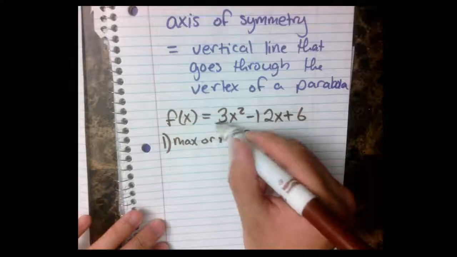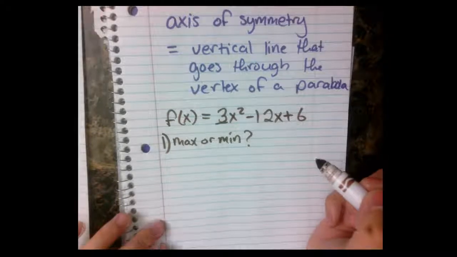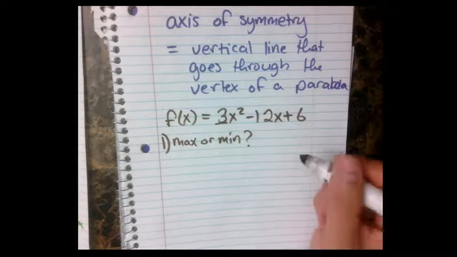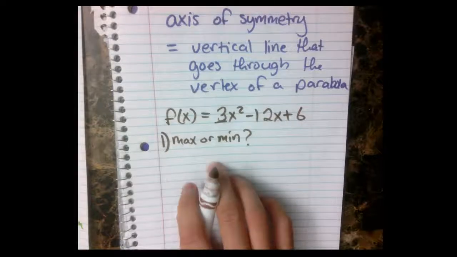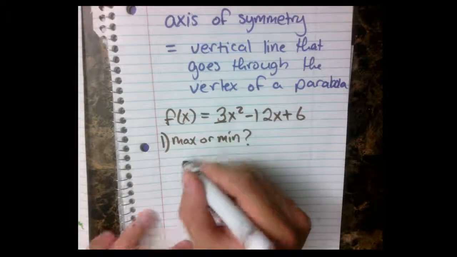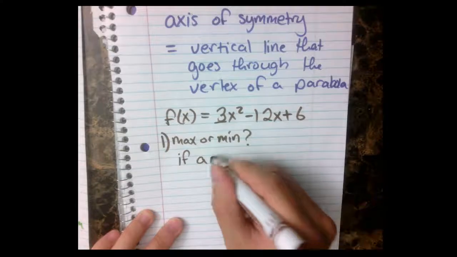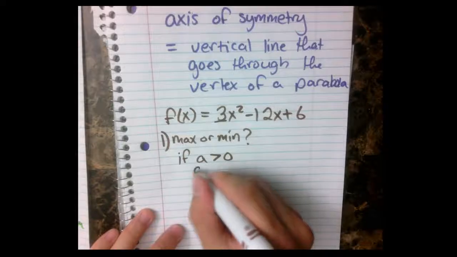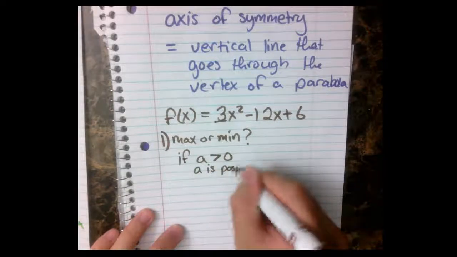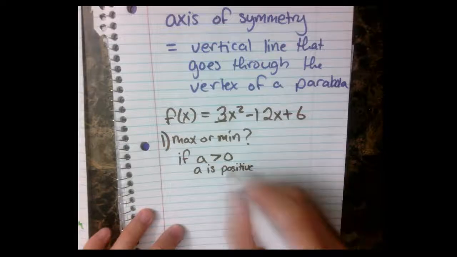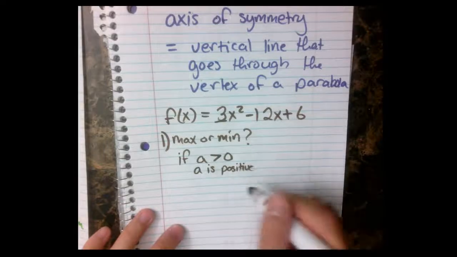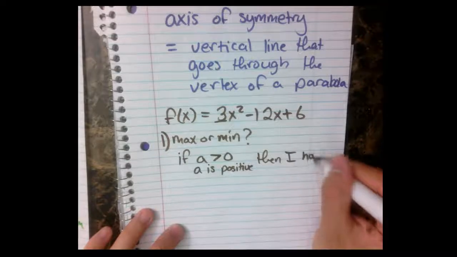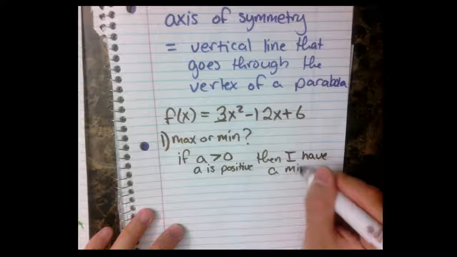If I have a positive leading coefficient, I'm going to have an upward opening parabola, which means I have a minimum. Okay, so for my example here, because 3 is positive, if A is greater than 0, if A is positive, then I have a min, or a minimum.